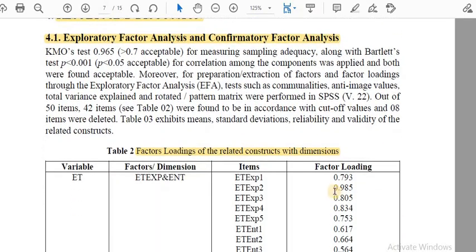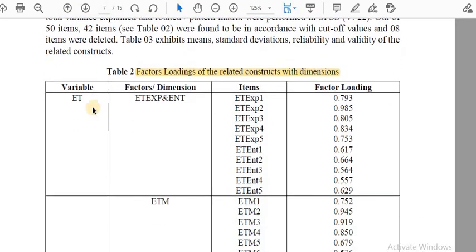In exploratory factor analysis, first I conducted the KMO test, and after the KMO test I showed the factor loadings and related constructs with dimensions. So this is my variable, this is the factor or dimension under the variable, and these are the items covered under each factor, and then there is a factor loading for the items.